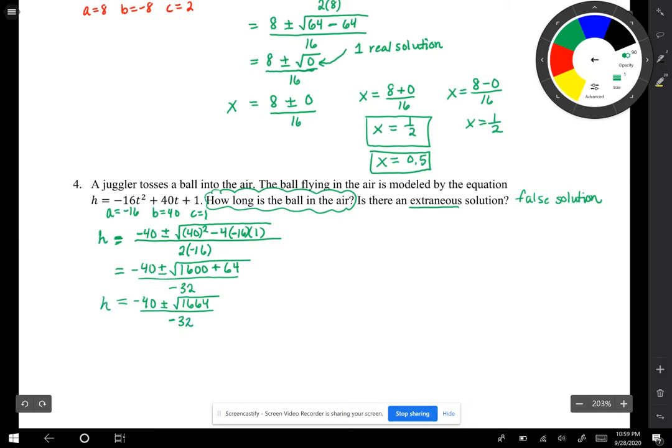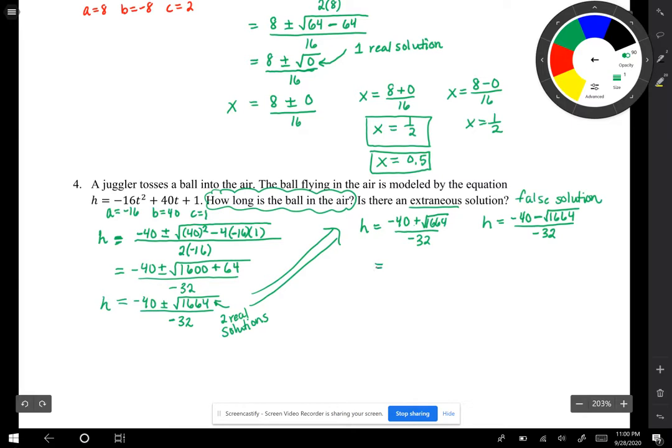That's h. And now let's split it up into two equations. We know there's going to be two real solutions because the discriminant is positive. So h equals negative 40 plus the square root of 1664 over negative 32. And the other answer is h equals negative 40 minus the square root of 1664 all over negative 32.